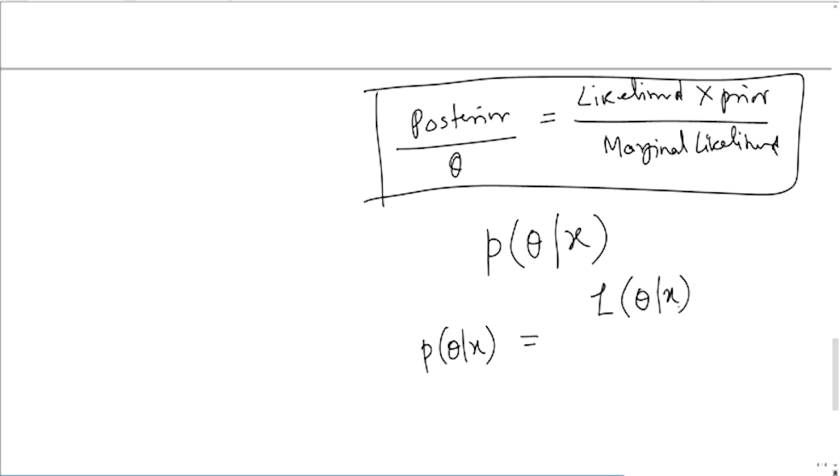So given the data, you can calculate the likelihood function. Given the data and the assumption, basically the PDF, you can calculate the likelihood function. We have seen this in one previous example in a previous lecture, right? Then you multiply likelihood function with the prior distribution of theta, and then you divide it by the marginal likelihood, which is a constant term.